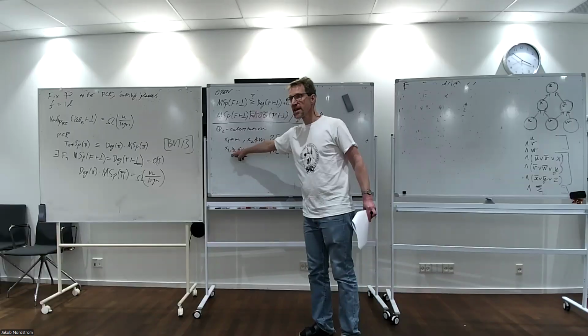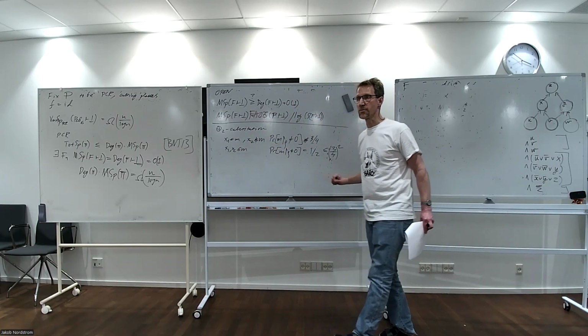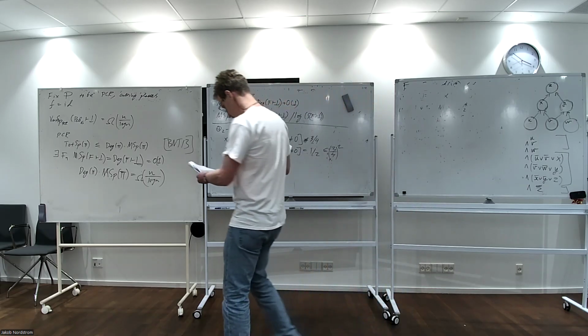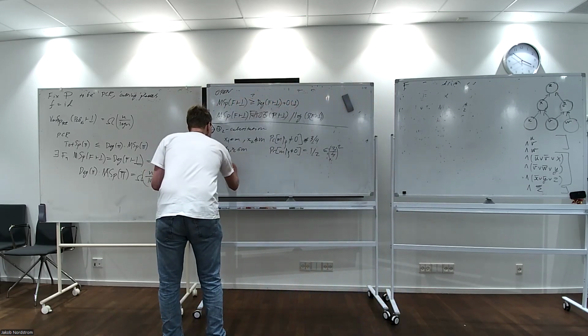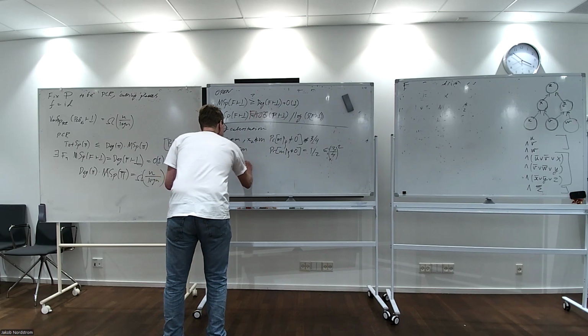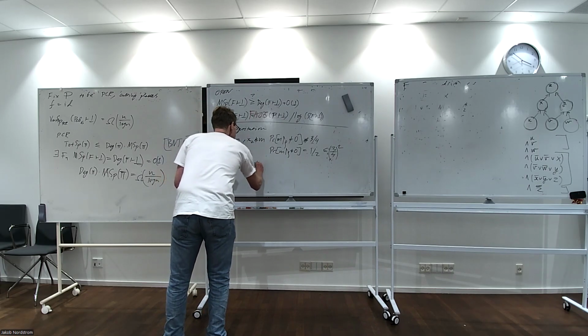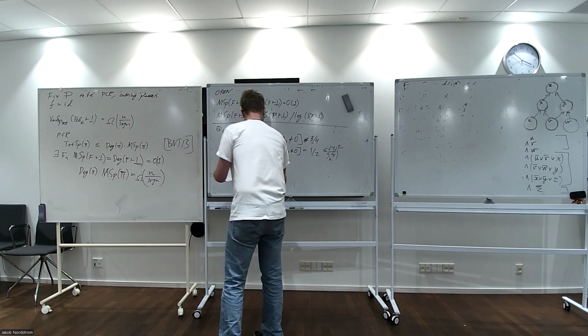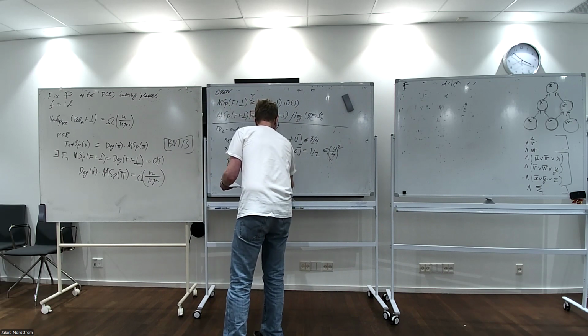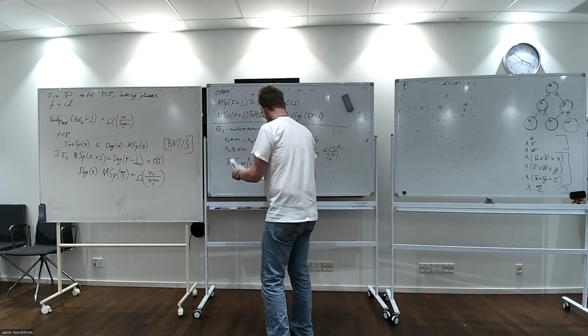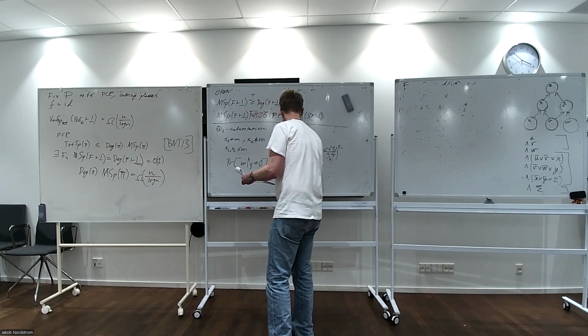Why? Well, I'm definitely setting one of them, and now I have a 50% chance of setting it the right way. So, in particular, the probability that any monomial is not zero is less than 3/4 raised to the degree.